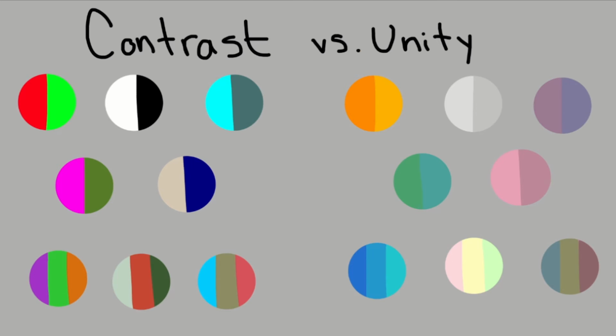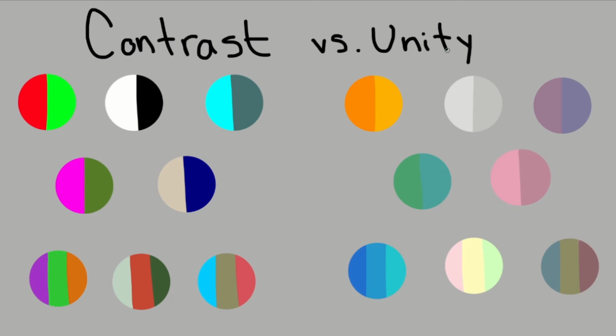Another thing to keep in mind is contrast versus unity. What do you want your colors to be doing? If you put colors that are very different, let's say opposites on the color wheel, or a really dark color next to a really light color, or a very dull color next to a very bright color, then you'll have contrast.